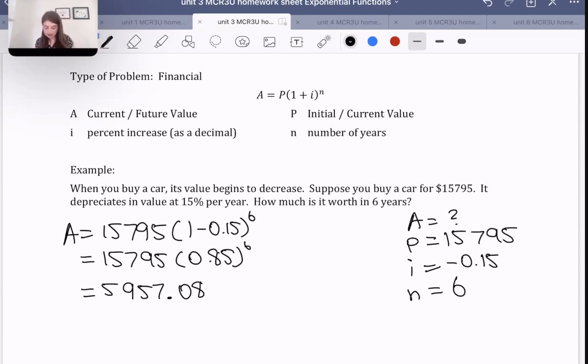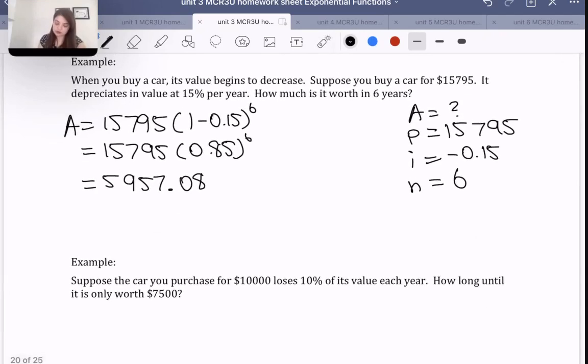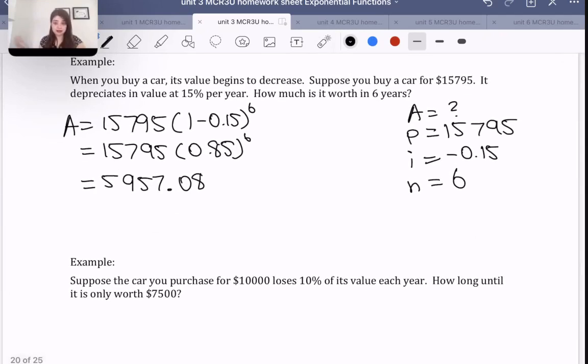So as you can see, this vehicle has gone down in value by more than half overall. Right, it's gone down in value by quite a lot, unfortunately, by close to $10,000. So the vehicle today is worth $15,795. Right, that's what you're buying it for.